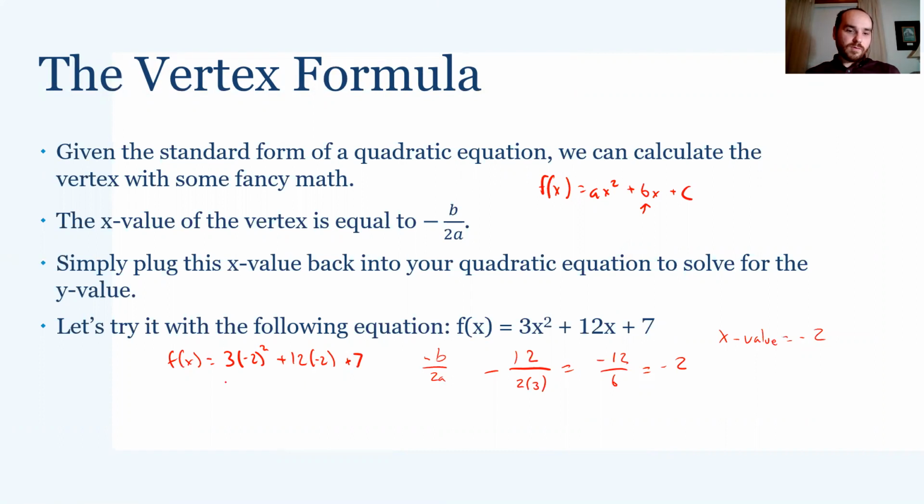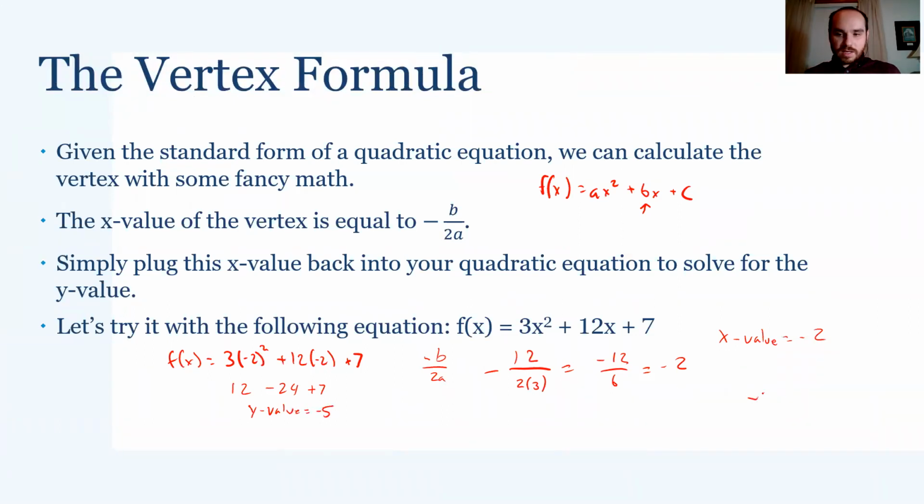When we solve for this, negative 2 squared is 4, times 3 is 12. That's a positive 12, plus 12 times a negative 2, that gives us negative 24. And then we've got plus 7. So we add these together, we get negative 5. So that means that the y value is equal to negative 5.